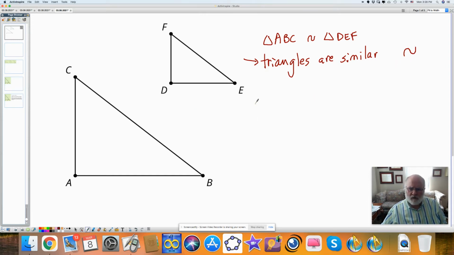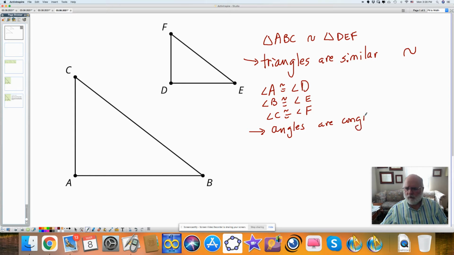We also have the angles, and the angles are congruent. So I have angle A is congruent to angle D. So if the triangles are similar, the angles are congruent. Angle B is congruent to angle E, and angle C is congruent to angle F. So we notice that the angles are congruent.